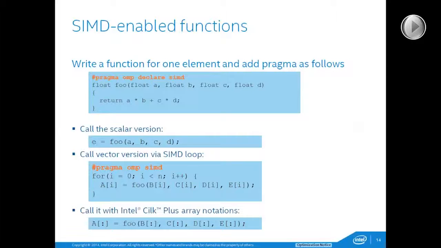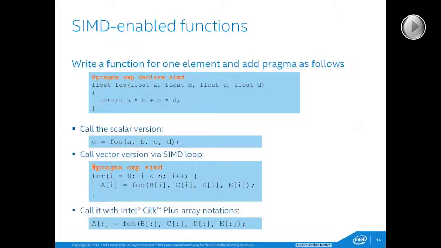Traditionally, the way you call this function foo is by using a scalar call, which is mentioned in the second blue box, where e is equal to foo of, and then you pass the 4 float arguments. You can see that e as well as the arguments a, b, c, d are scalar floats.